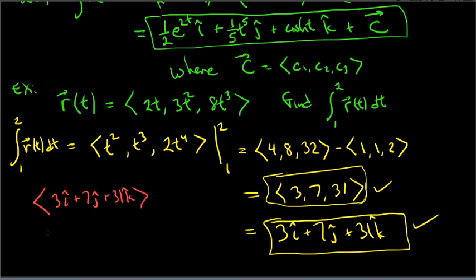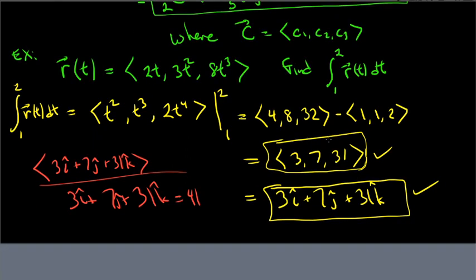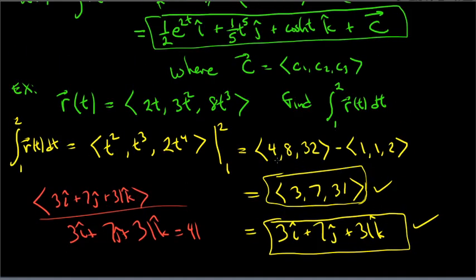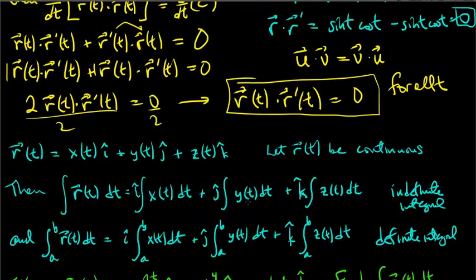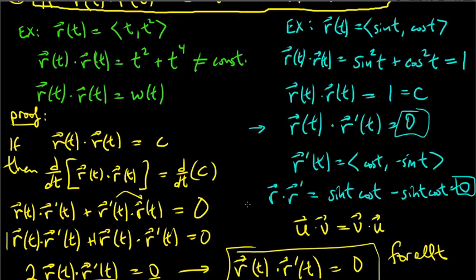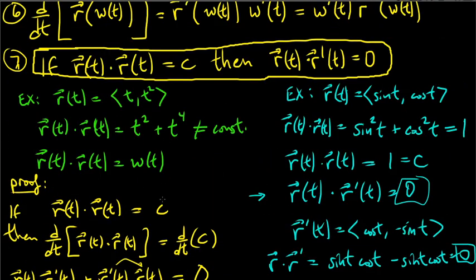And obviously, if you're doing this, then you need the i, j, and k, because 41 is not a vector. So without the i, j, and k, that's also wrong. So don't get confused between the two notations. If you want to stick with just one and ignore the other, that's fine. However, I am going to go back and forth constantly. So I hope that helps for indefinite integrals and definite integrals.